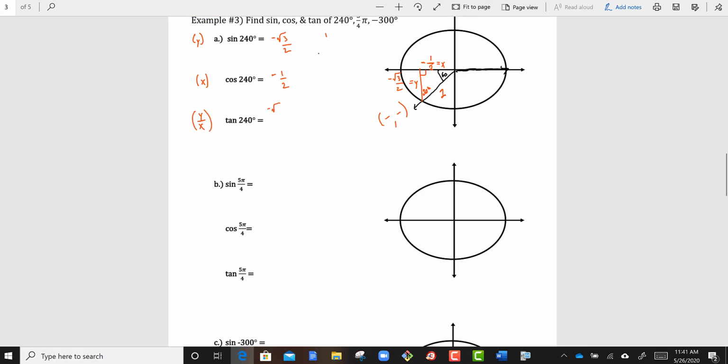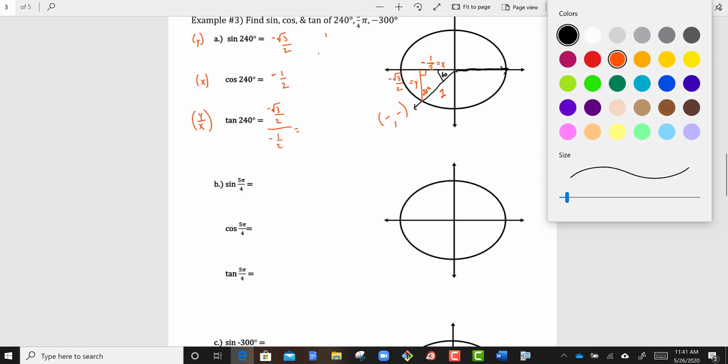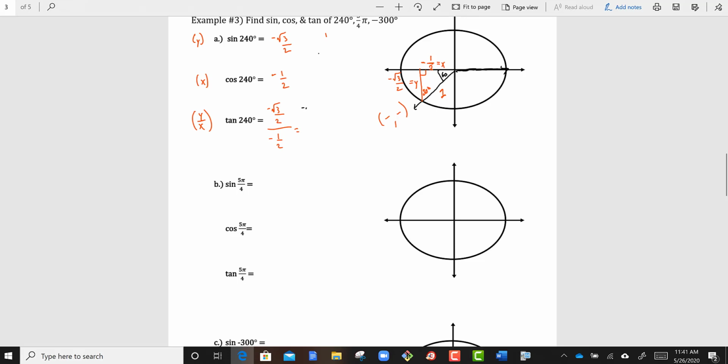So this one we have to show a little bit of work for. A negative divided by a negative, keep in mind this answer should be a positive. The 2's cancel, the negatives cancel. We end up with positive radical 3 for the tangent of 240.